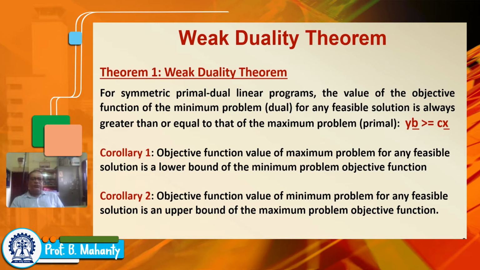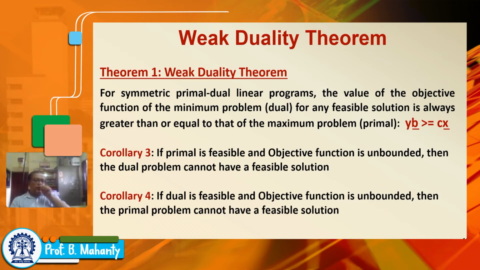Between the primal and the dual, usually what happens is that the maximum possible value of the primal, which is maximization, and the minimum possible value of the dual, which is minimization, become equal. And that is the optimum point. One is coming from the lower side, the other is coming from the upper side, and where they meet, that is the optimal point. But we cannot say anything on the other side. But look at the two other corollaries. Those will give a little bit of a hint about those things.